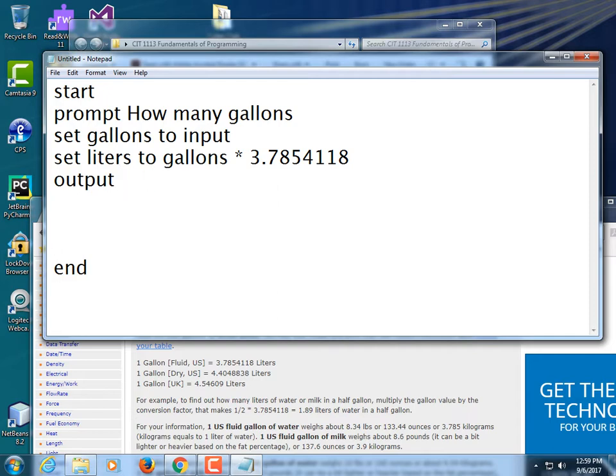How about we do something like that? Am I spelling gallons right? It's 2 L's. That doesn't look right. It still doesn't look right, because you've looked at it too long. Okay, output gallons, whatever, is equal to liters.